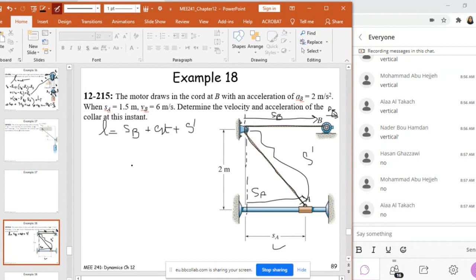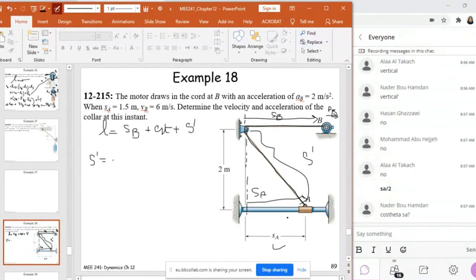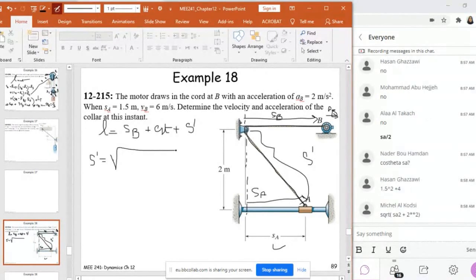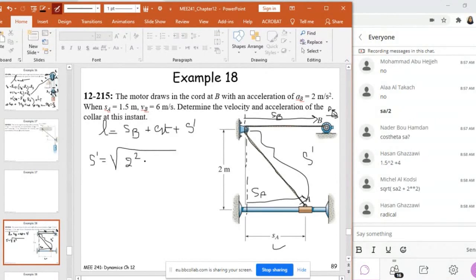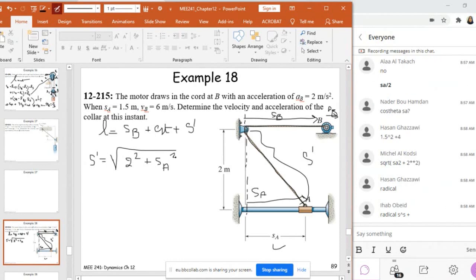What is S prime in terms of SA? Is it SA over 2? No. It is radical of 2 squared plus SA squared. So this is S prime.